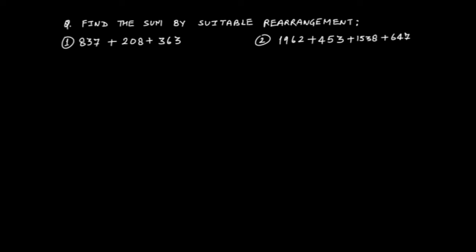And let's see how. Whenever you are asked such questions where you have to make some rearrangements and then find the solution of either multiplication or addition, just keep one thing in your mind. At your level in your class, always make the arrangement so that you get a zero digit at the end of the number.